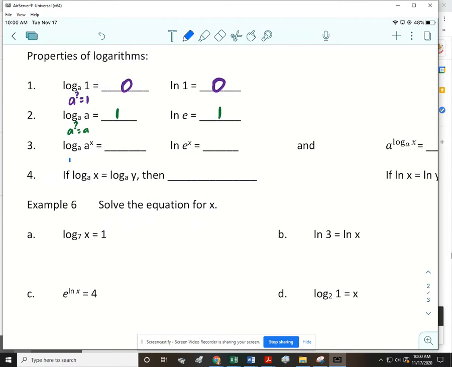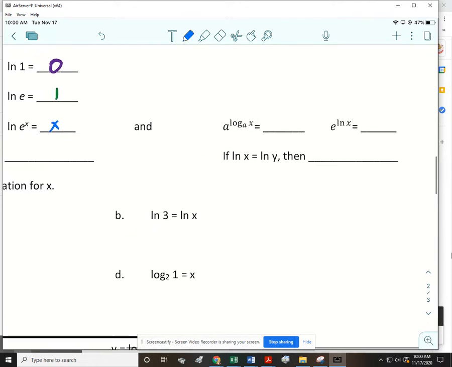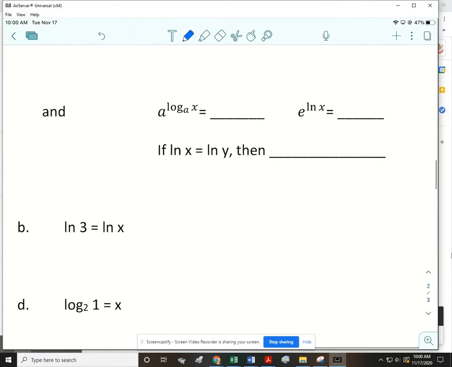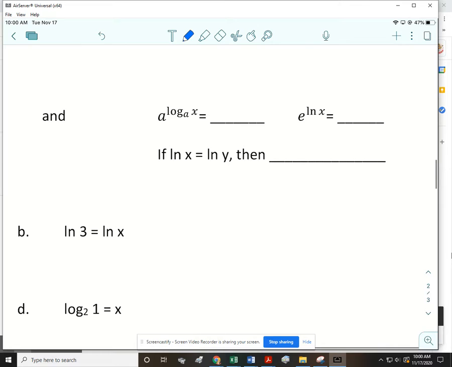All right, and then a to what power gives you a to the x? That obviously is going to be x. Now these two over here aren't quite as obvious. So I always try to show my students on the board how this works. So if I took a and I just made it 2.